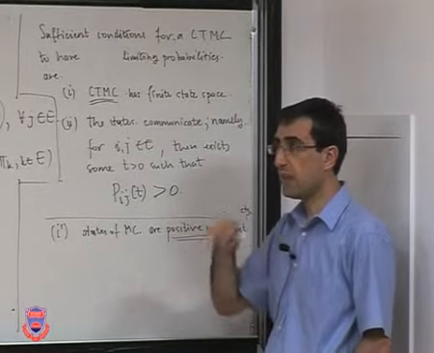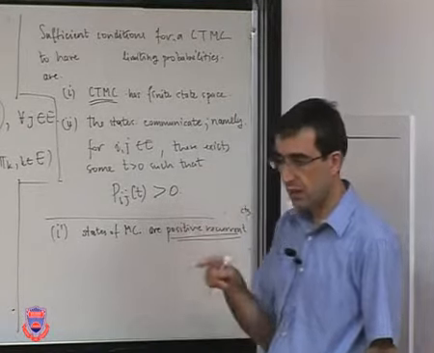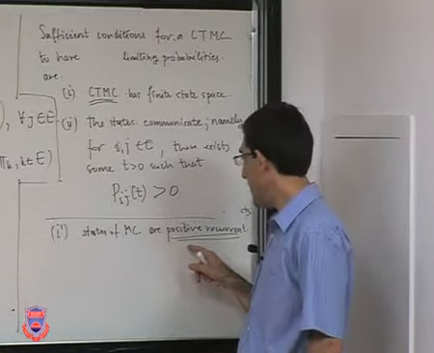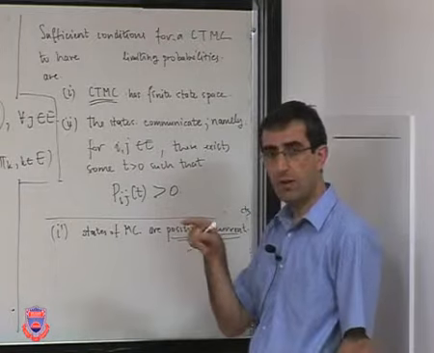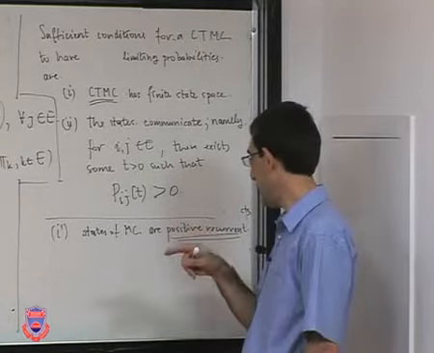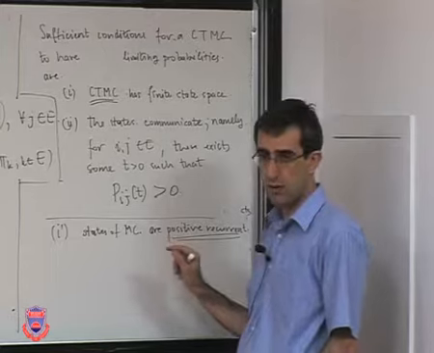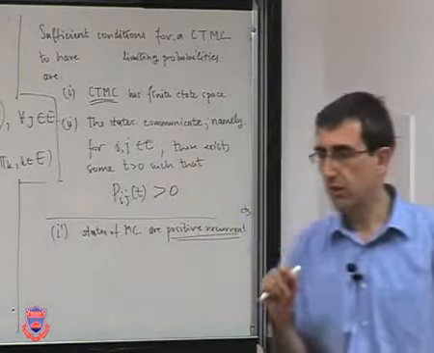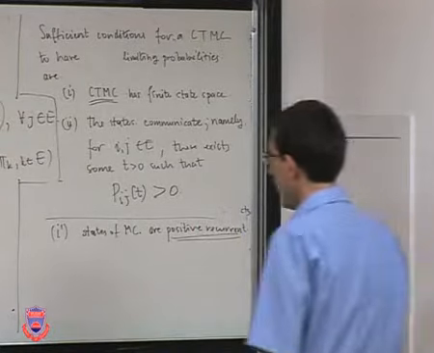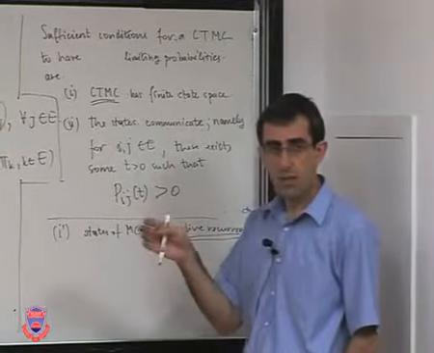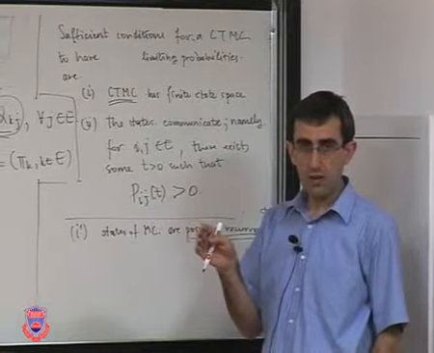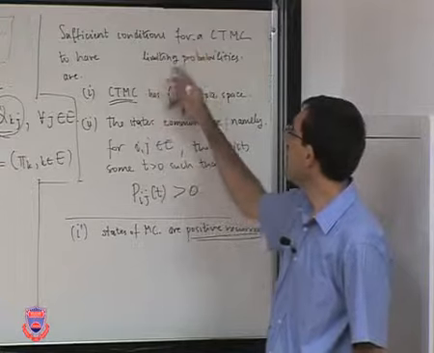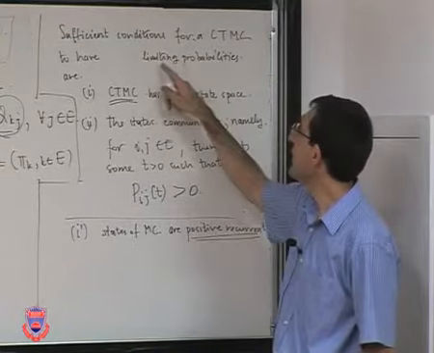That basically says that the chain comes back and visits each state infinitely often, and the time it takes to come back to the same state on average is going to be finite. So it is not going to visit the states after an infinite amount of time, but on average after a finite amount of time. And that intuitively makes sense. For the limiting probabilities to exist, what does this mean?